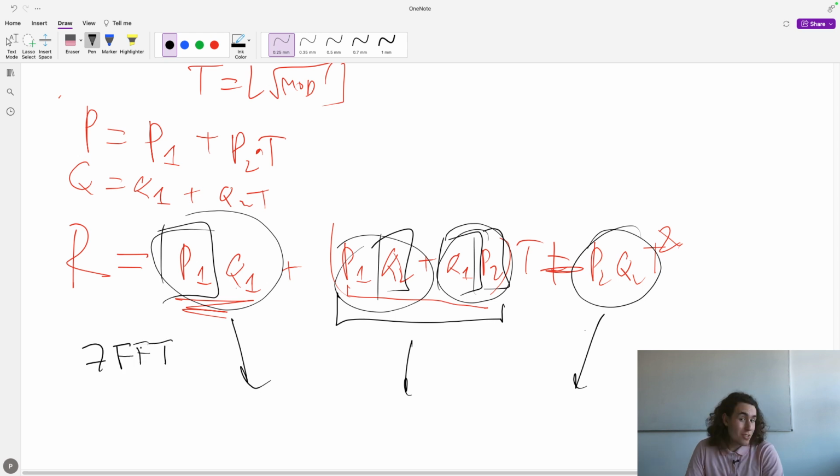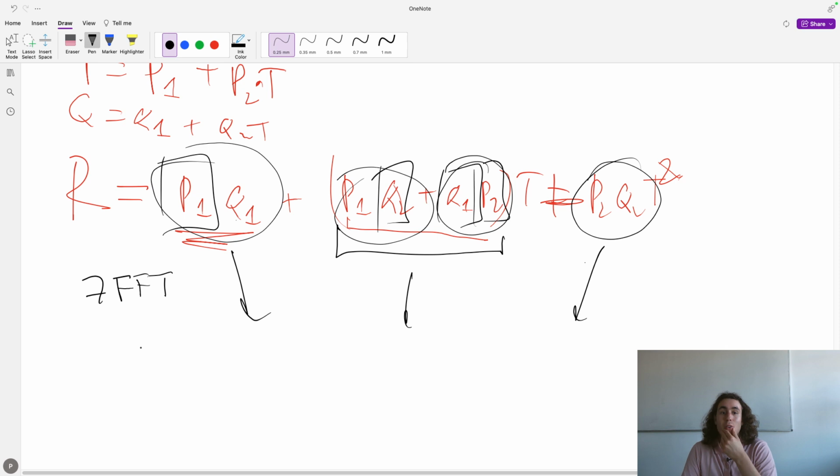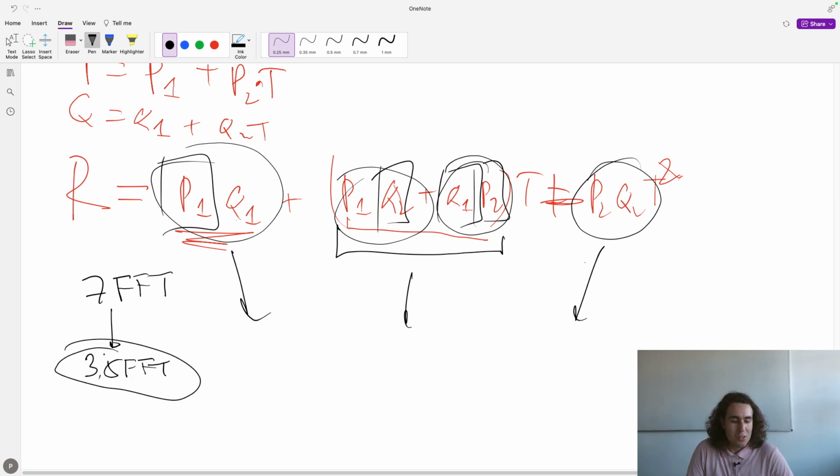That's kind of too much. And this is exactly the situation where you can use those tricks that I told you before that we didn't cover, but you can learn about them, where you can actually do 2 FFTs inside one, or you can do 1 FFT inside a smaller FFT of size half, and then you would be able to reduce it to 3.5 FFTs, which is not that bad, but still, I mean, that's okay already, right?